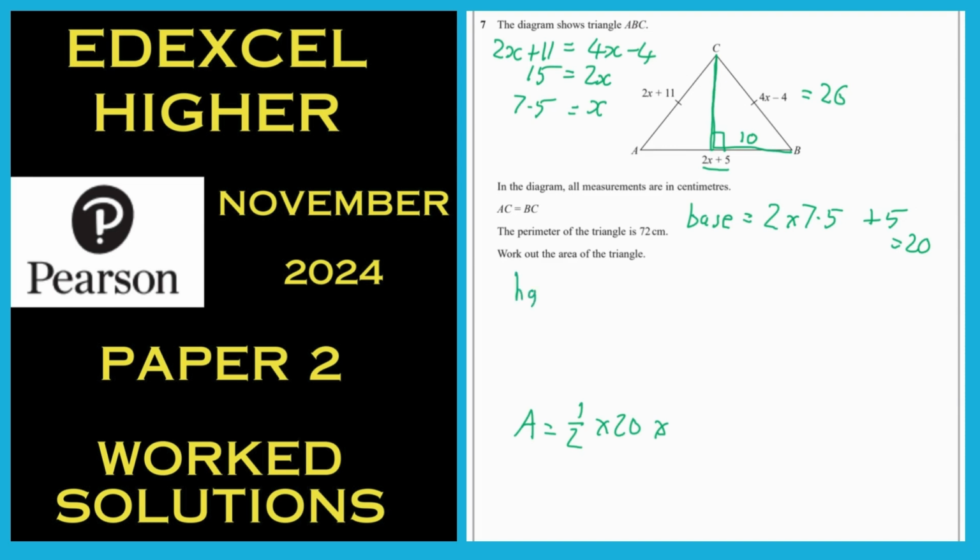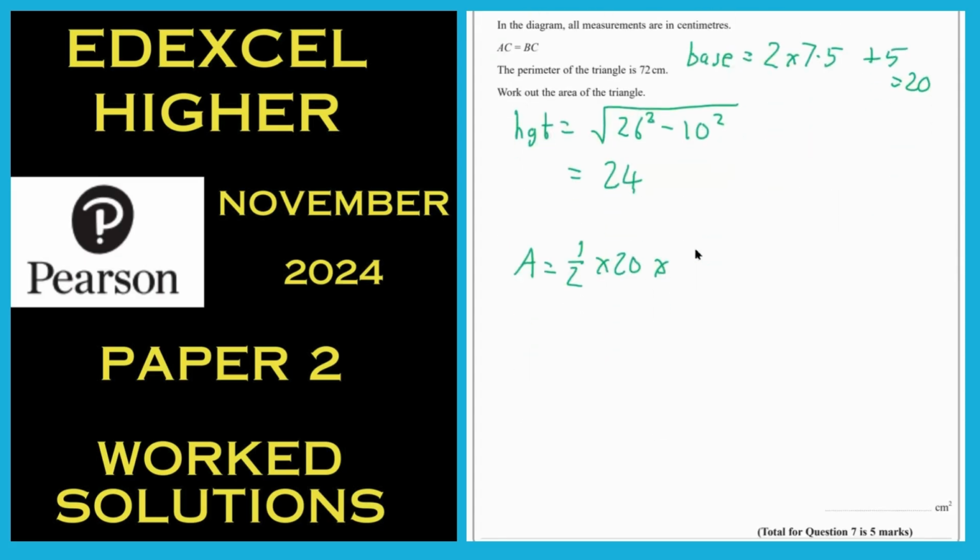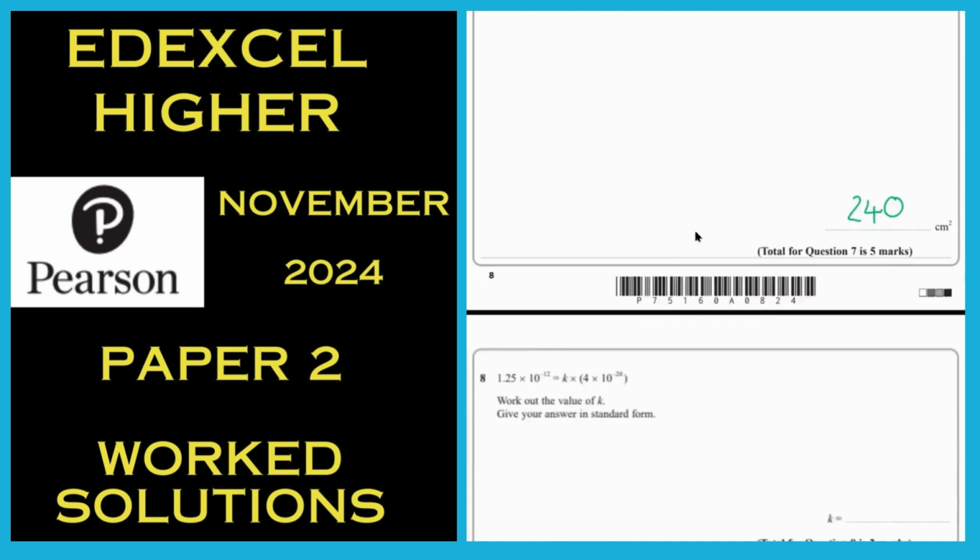The height, Pythagoras is the square root of the hypotenuse squared minus the shorter side squared, giving us a nice answer of 24, and we're pretty much there. Height is 24, stick it in your calc, area of that triangle is 240 centimetres squared.